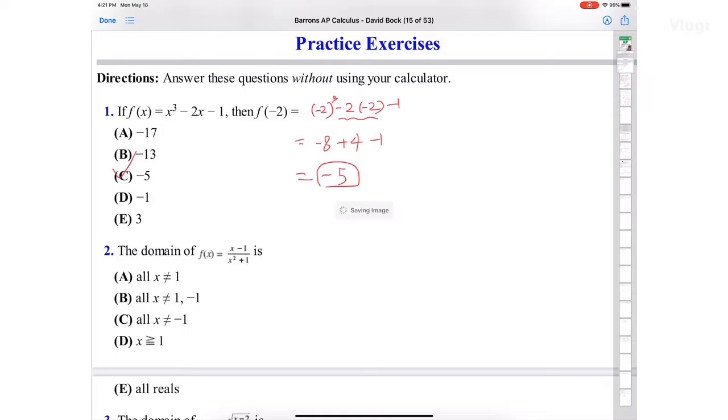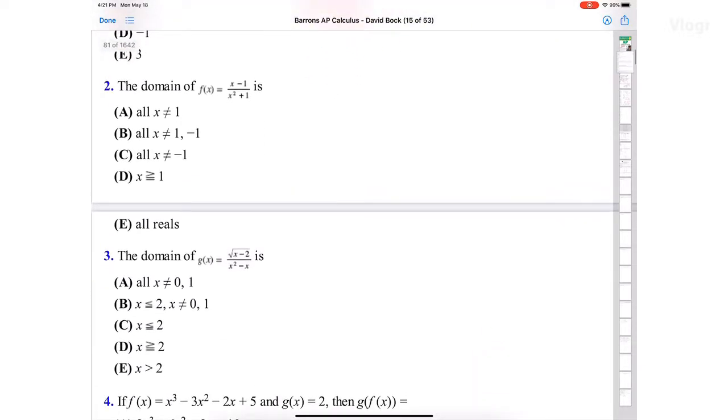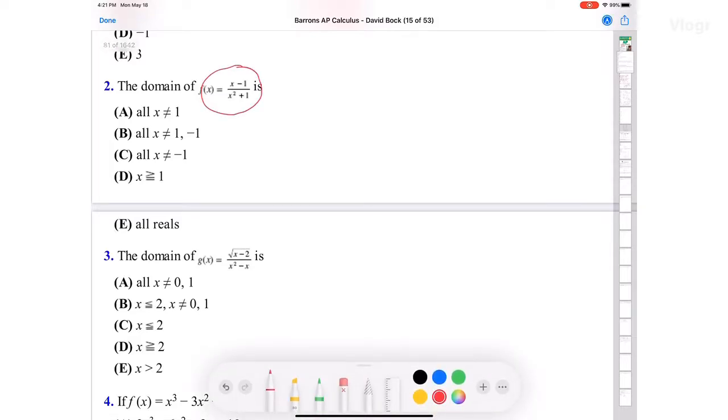Okay, let's go to number 2. Number 2 is finding the domain of f(x). That f(x) is given in fraction form. We call that a rational function, right? Basically, the domain of a rational function is all real numbers except zeros of the denominator. So try to find the zero of the denominator first, and then your answer is going to be all real numbers except those zeros, okay? But what is the denominator of this function? x squared plus 1.